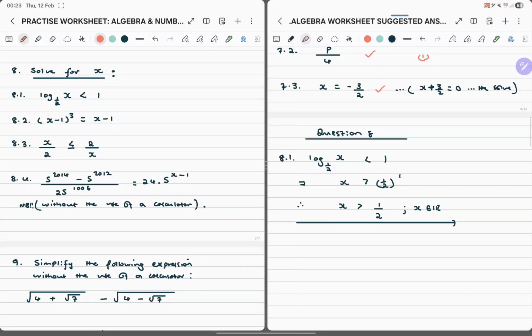Now you may be wondering, how did I know I have to change the sign when I convert to exponential? Now, folks, this is the secret for you to find out. But all I can tell you is that when a log of any number is to a fraction or a proper fraction of a base, it already tells you that this is a decreasing function.